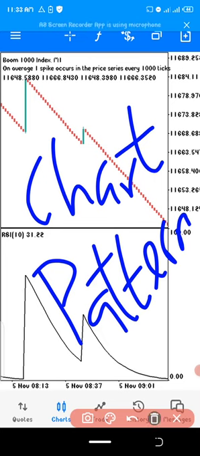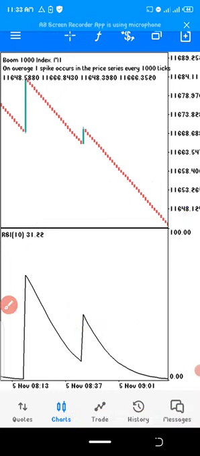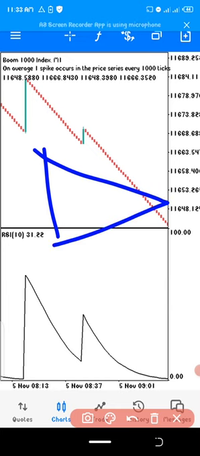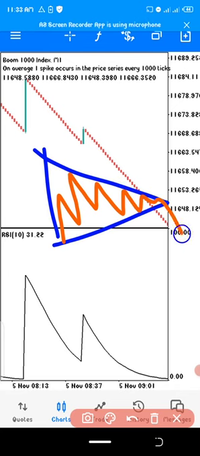When I say a diagram, it could be a triangle. This is a triangle, right? A chart pattern is simply price following the shape of this triangle. So we can call this triangle a chart pattern when we see the market move somewhat like this.